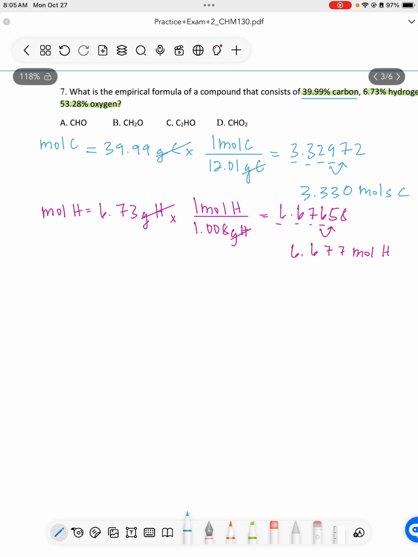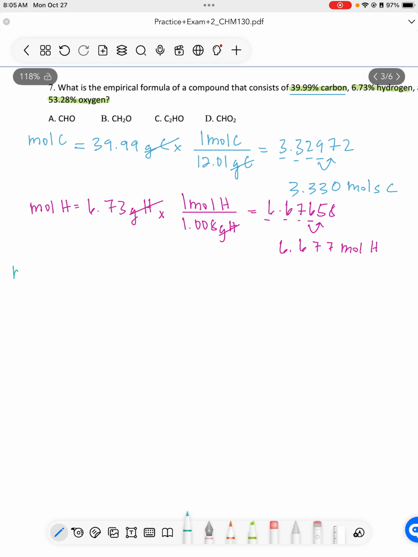All right. And now we're going to do oxygen, which we want moles of oxygen. And we were given 53.28%, but we know we write it as grams of oxygen. And oxygen weighs 15.999. We'll do 15.99 grams per 1 mole.